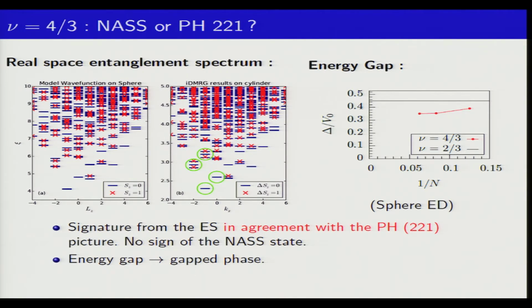So even if you use big computers, there is no way you can do 100 particles for the system. So we have only a few points, but clearly, compared to some other cases, we don't see this gap going to 0. That's the red dot for the 4/3 state. And as a reference, that's the gap for the 2/3 state that you can evaluate more accurately, also using exact diagonalization.